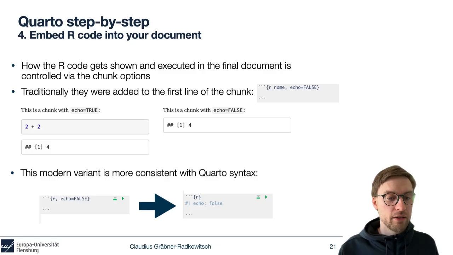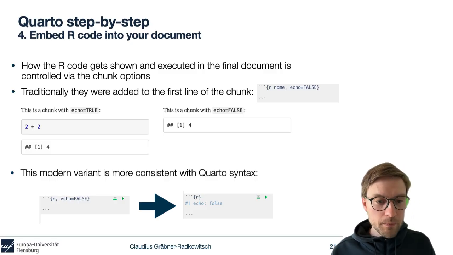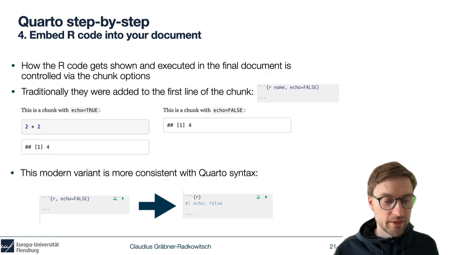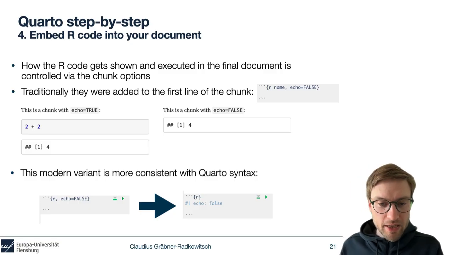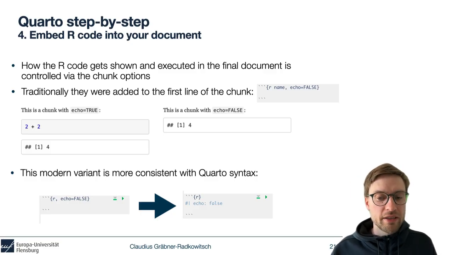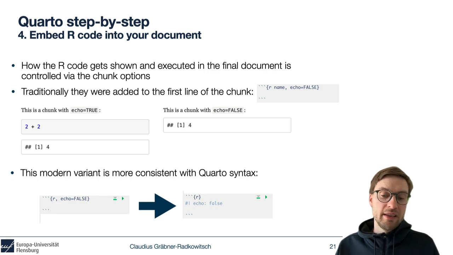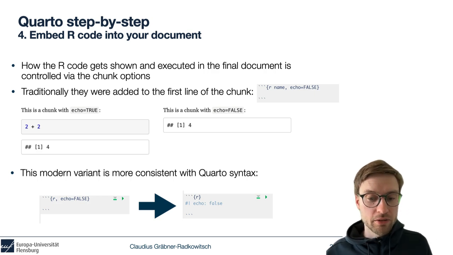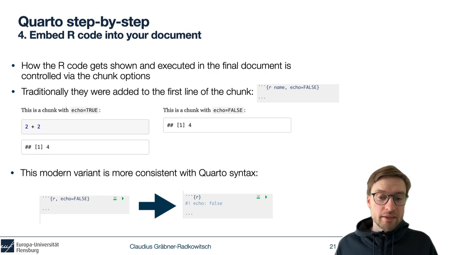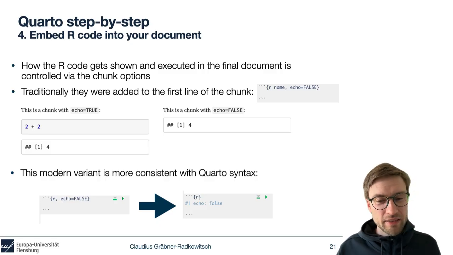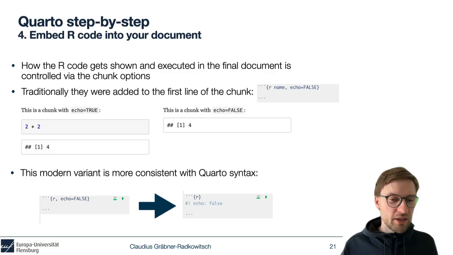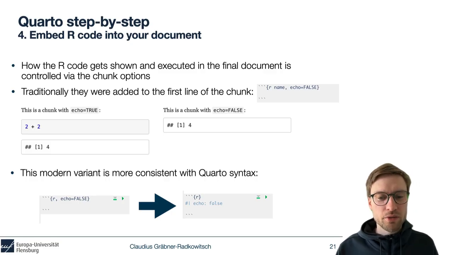So in this case, FALSE is written with capitalized letters, whereas in the Quarto case, you're writing false all small, as you would do in the header, following the YAML conventions. I think the Quarto syntax is a little bit more consistent, and I think it's also easier to read because you don't have so many things put within the curly brackets. But in the end, it's also a question of preference and what you want to do.